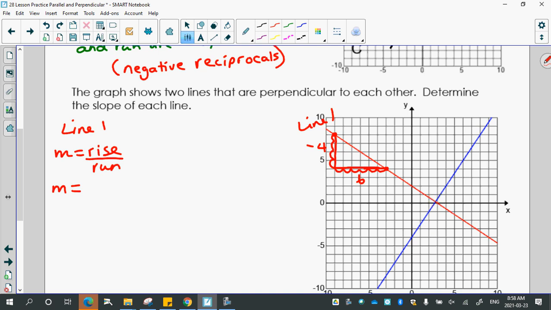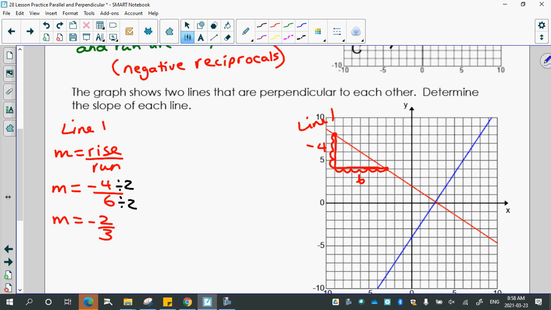So the way I made my right triangle, my rise is -4 and my run is 6. But I would always see if I could reduce that. I can, they're both even, so I can divide top and bottom by 2. So I get the slope is -2/3. How many people got -2/3 for the slope of the red one?